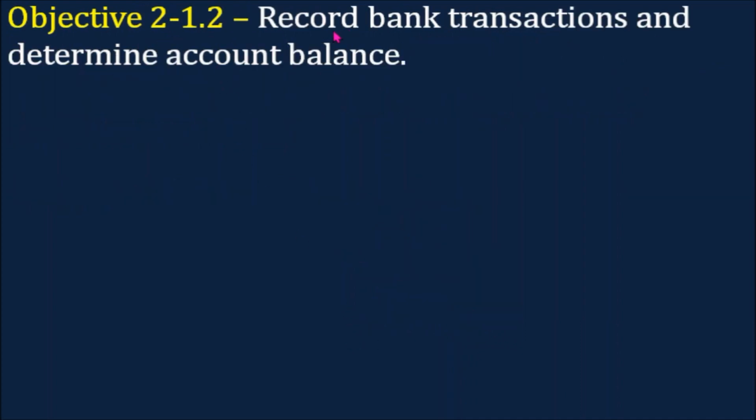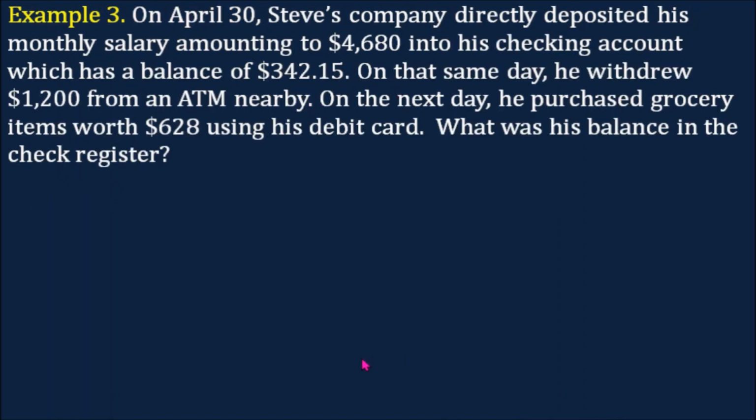Objective number 2. Record bank transactions and determine account balance. Example number 3. On April 30, Steve's company directly deposited his monthly salary amounting to $4,680 into his checking account, which has a balance of $342.15.